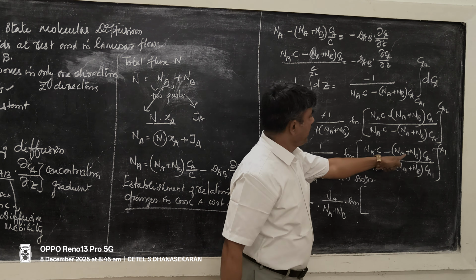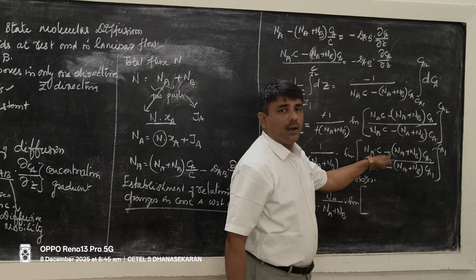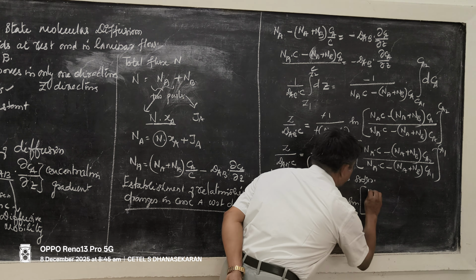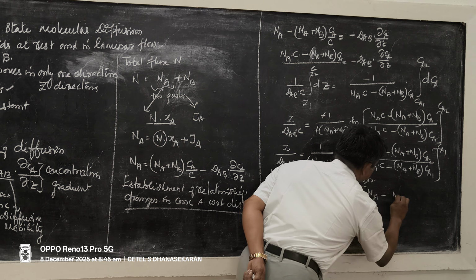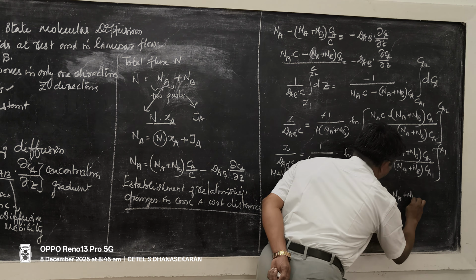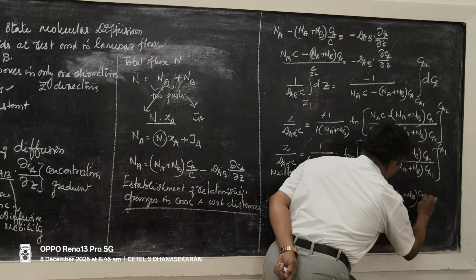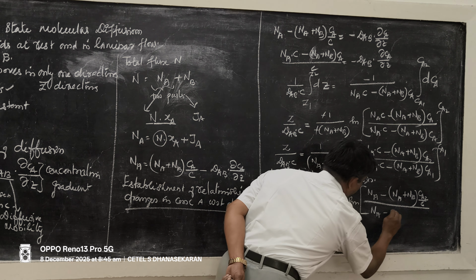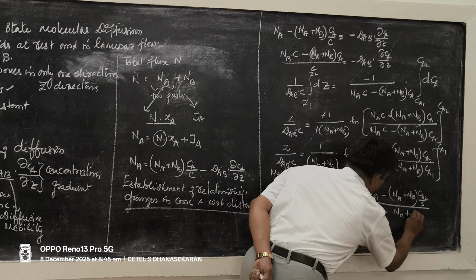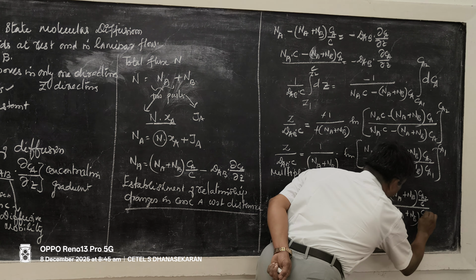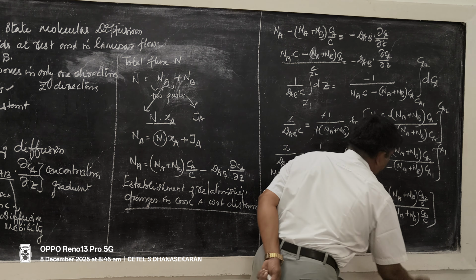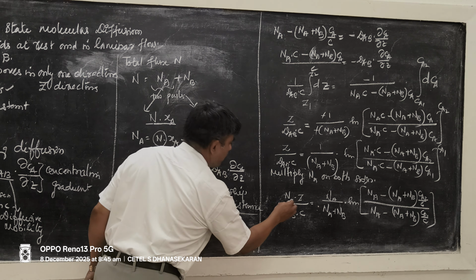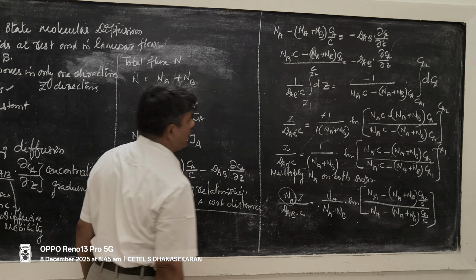Listen, I am going to divide C in the denominator and numerator. Clear? Hence this equation becomes (Na minus (Na plus Nb) into Ca2 divided by C) whole divided by (Na minus (Na plus Nb) into Ca1 by C). Clear? What next? The final format is I am in need of only Na.